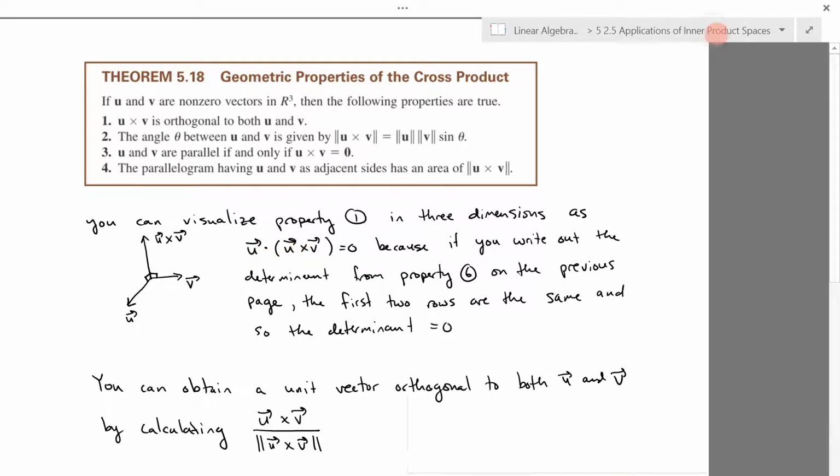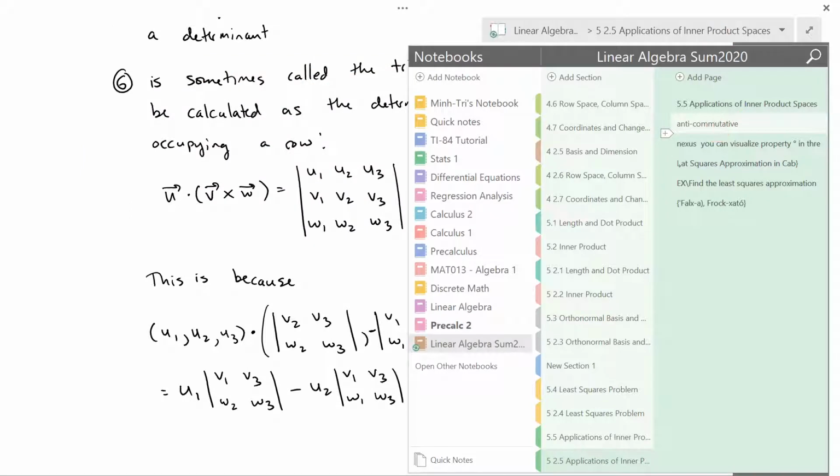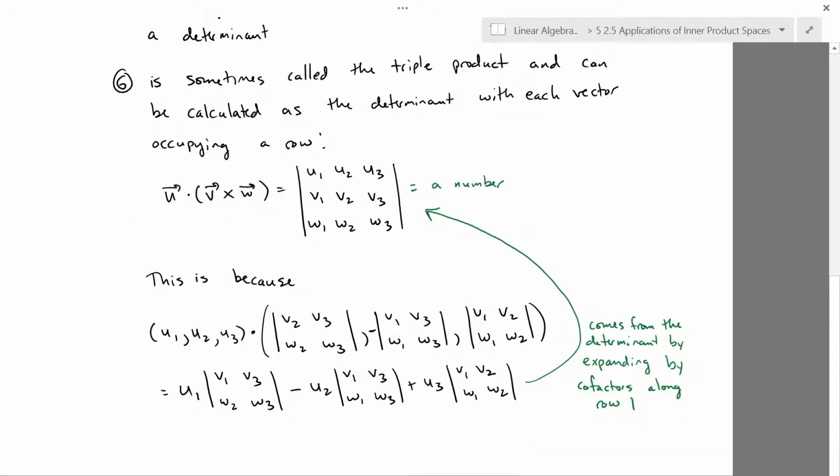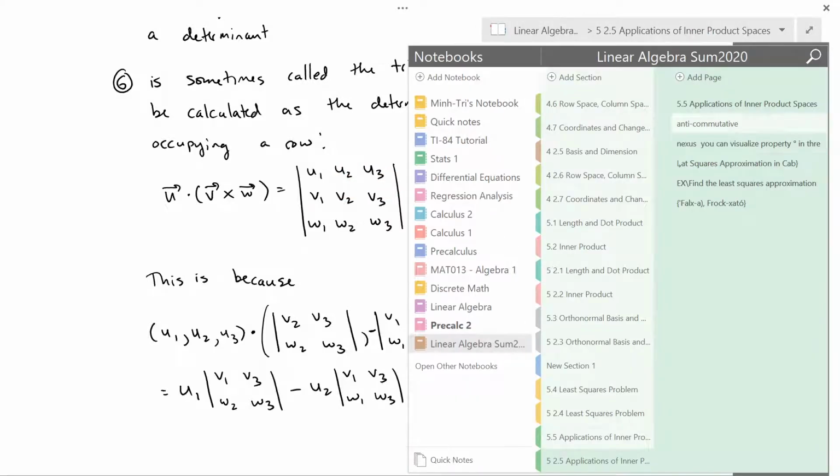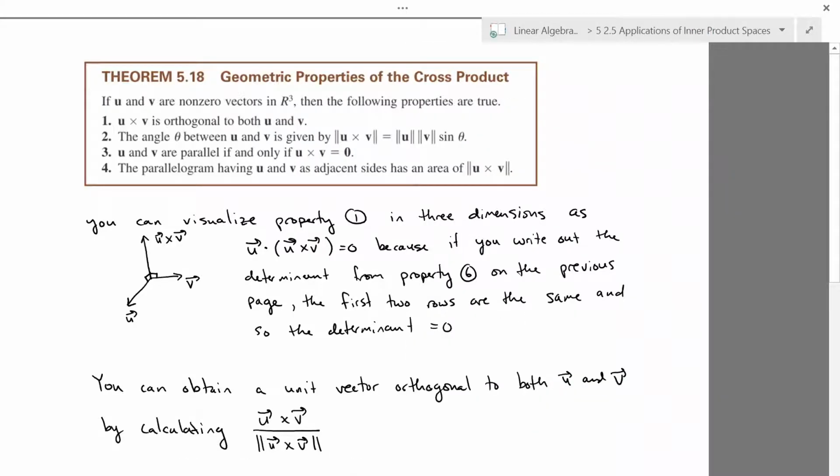So if you set up the triple product like this, this row and this row are going to be exactly the same. But for a determinant, if two rows are the same, then the determinant is 0. And then the same thing for v: if you do v dot this, then you have two rows that are the same, so the determinant is 0. Okay, so that's where property 1 is coming from.